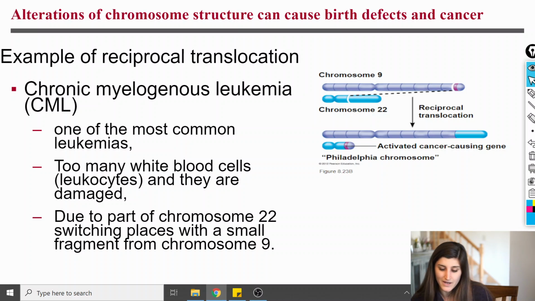And because of that, that actually affects the number of white blood cells. So now there's way too many white blood cells in the blood, and that actually blocks healthy red blood cells and your healthy platelets. They're being bombarded by all these white blood cells. There's just too many in there, and your body can't function well.